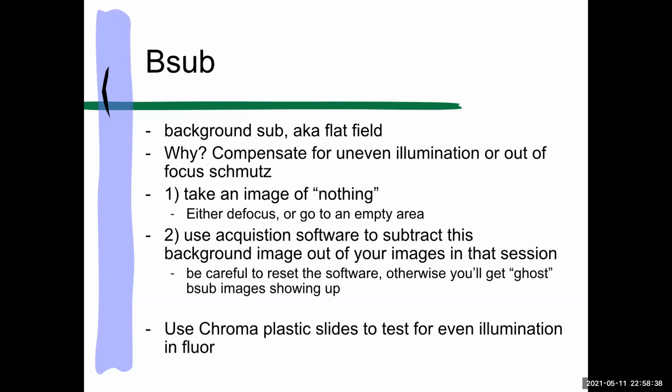Okay, so another thing, background subtracting or flat field. So let's say you do have an uneven illumination, you just can't get rid of it for whatever reasons. Or you have schmutz. Schmutz is basically anything on your slide or your specimen that you don't want.